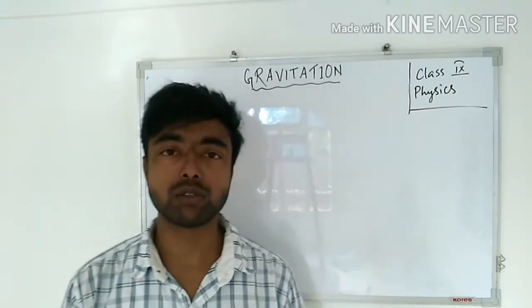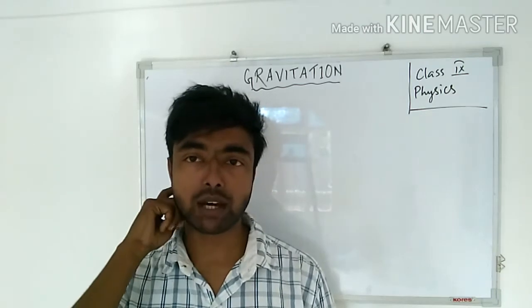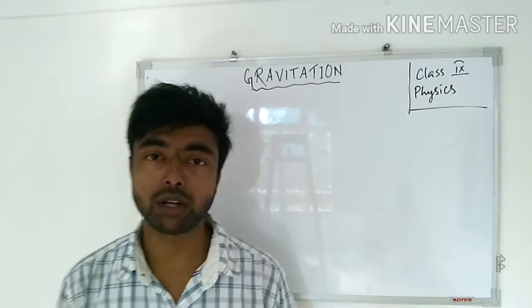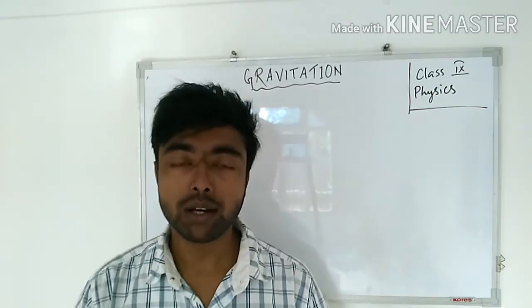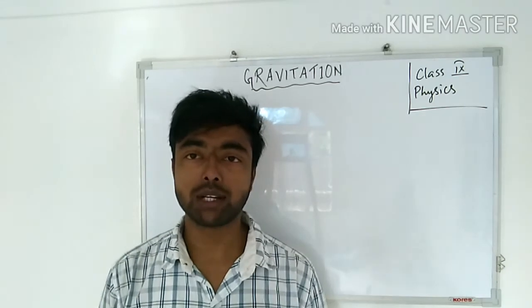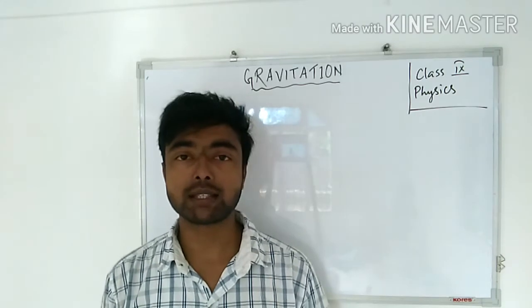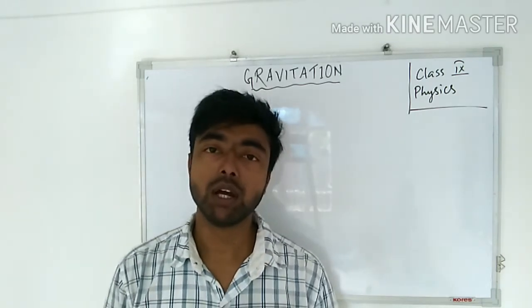The earth also is one planet, and ours are revolving around the sun. The moon is the natural satellite of our earth, which revolves around the earth. Why is it revolving, and what is the force behind its revolution? These things are studied in the chapter gravitation, in the field of gravitation.